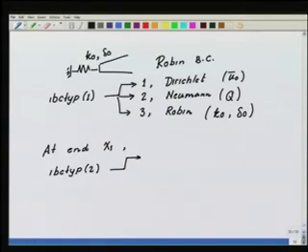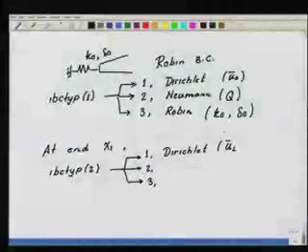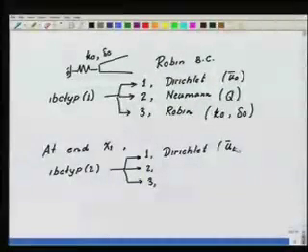This would again be 1, 2 or 3 depending on whether it is Dirichlet, Neumann or Robin. If it is Dirichlet, then at this end we have to give U1 bar.